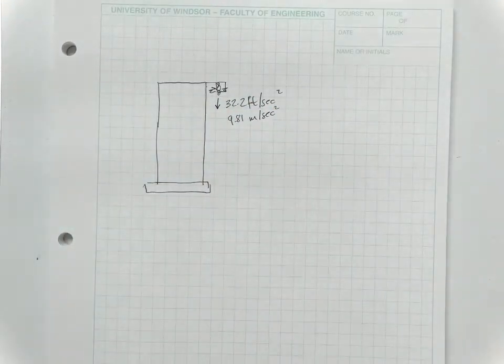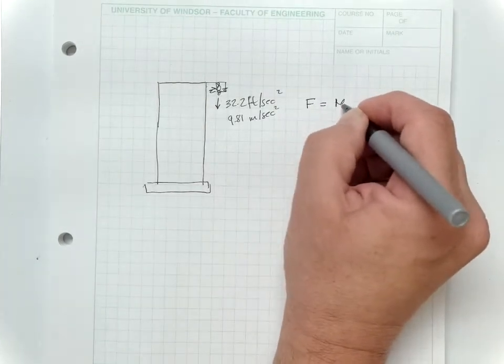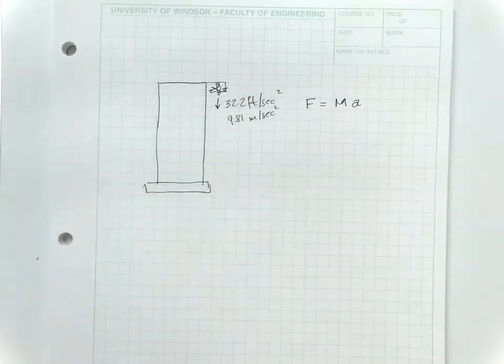Either way, it's being accelerated due to gravity, and there's a force that results. Newton tells us that force is equal to the mass times the acceleration. The mass of the bat multiplied by its acceleration due to gravity is now pulling on that building. That load has to go somewhere.